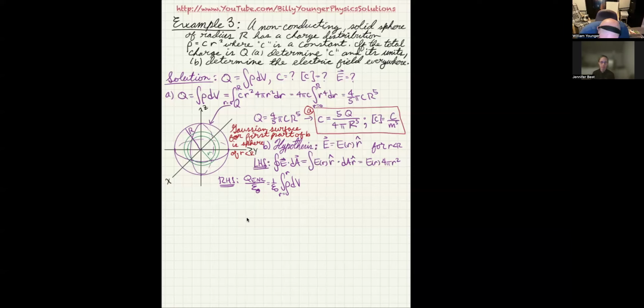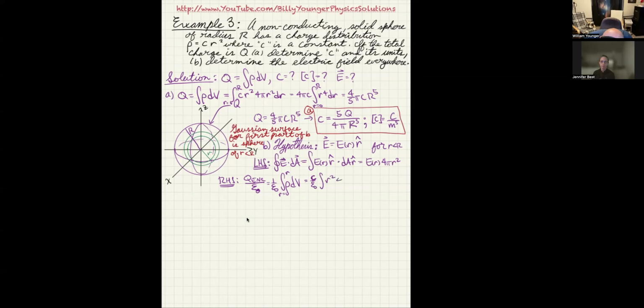And we already know that rho was C times r squared. So I'm going to pull the C out in front with the epsilon naught. And now I'm going to go r squared.